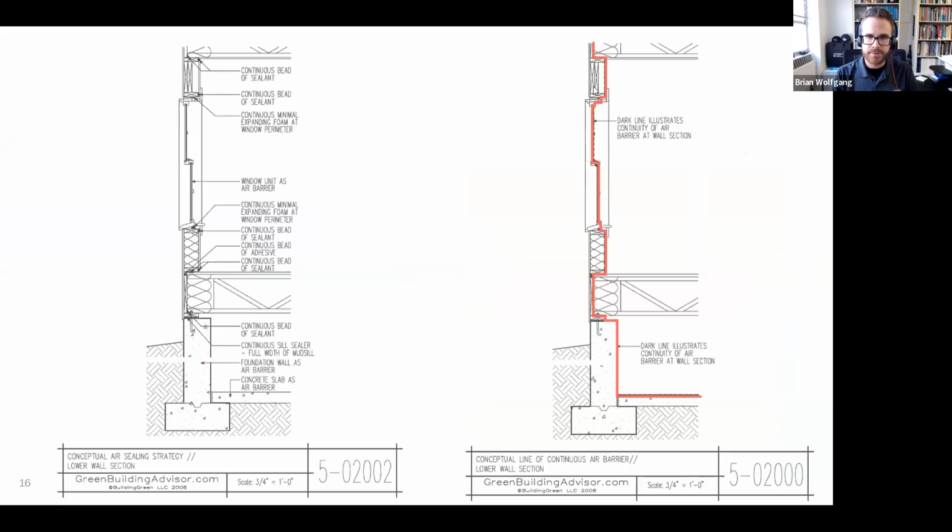Bridging the gap between a window unit and your rough opening is a classic example using a tape, but bridging the gap between your framing and your foundation wall had traditionally been something that we've talked about before as leaning really heavily on a foam gasket or a sill seal product. We're a lot more commonly seeing tapes and liquid flashing products being considered for this juncture as well. So each of these different scenarios is going to bring up a different set of questions that you should be able to ask to try to figure out what the best product is.